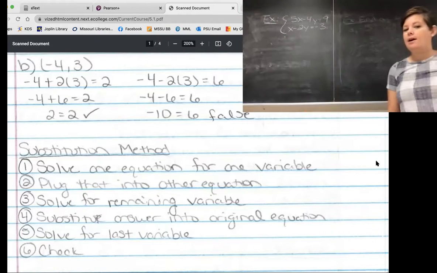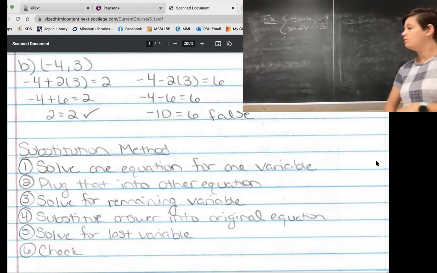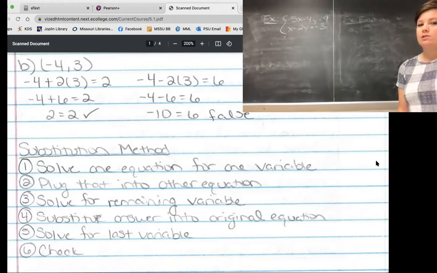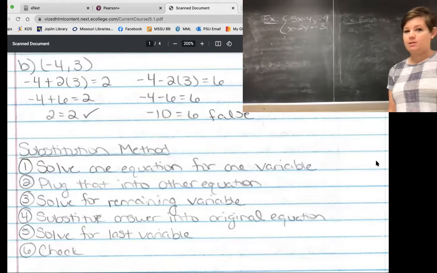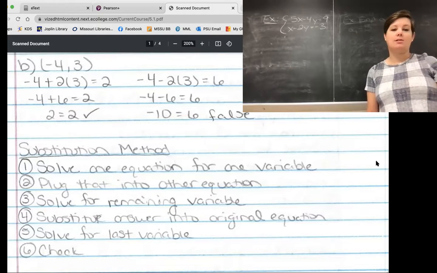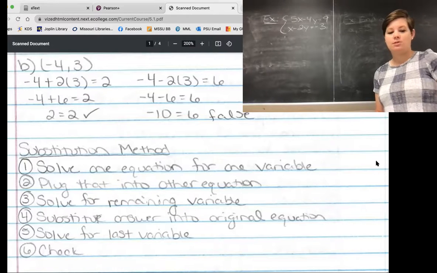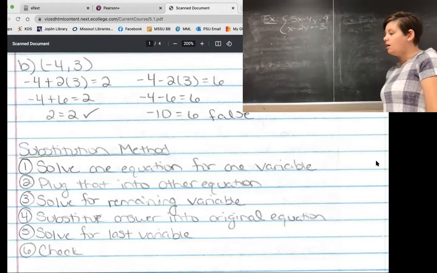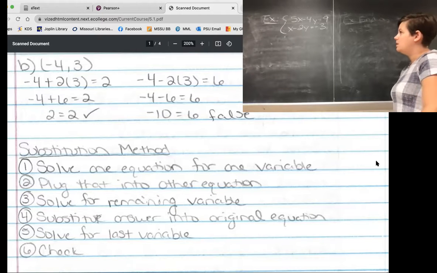So here we have an example for our system of equations. And I'm going to leave the substitution method steps up so that you can see how we work through it. And then when we move on to the next one, I may close that down. But our example is 5x minus 4y equals 9 and x minus 2y equals -3. That is our system.